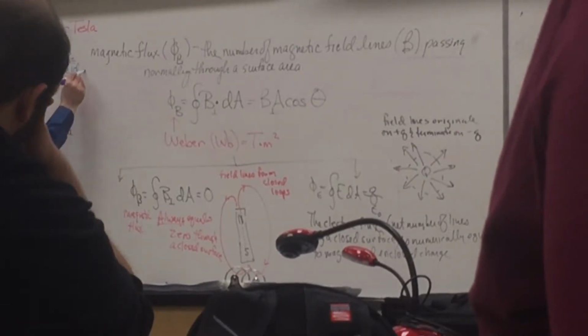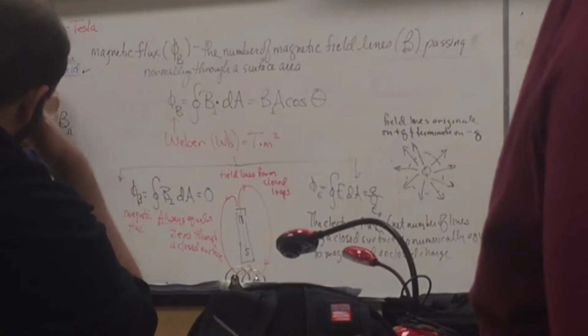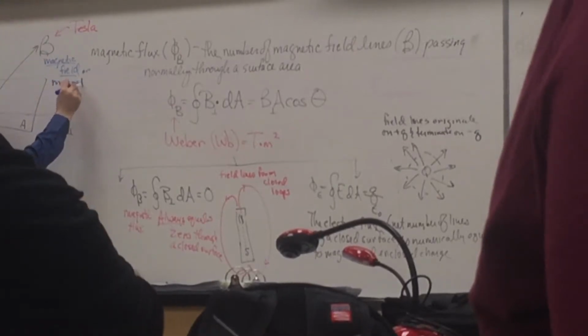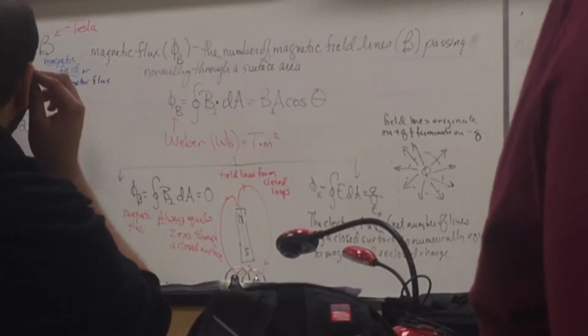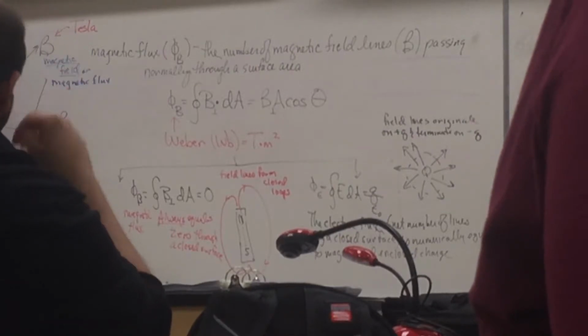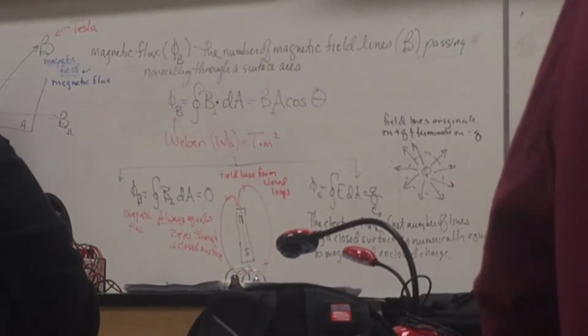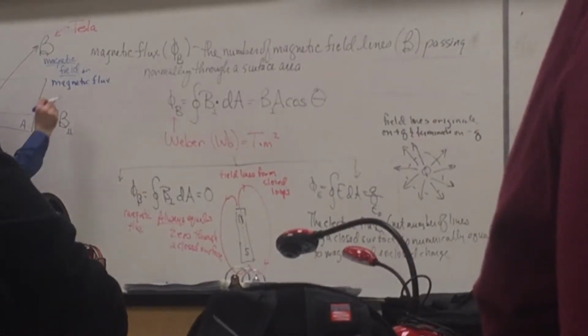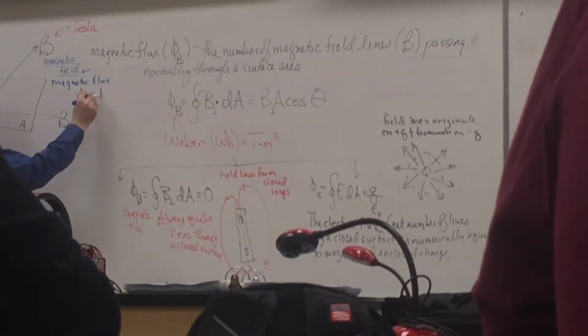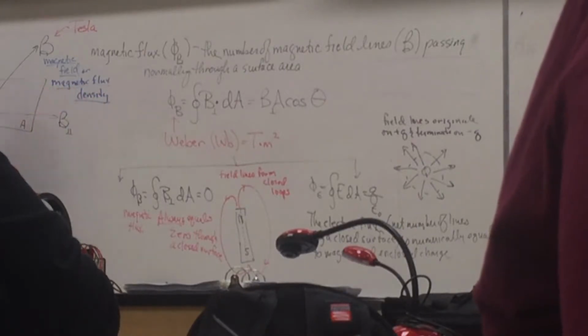This is called the magnetic field, or magnetic flux density. Magnetic flux is the number of field lines crossing a closed surface.